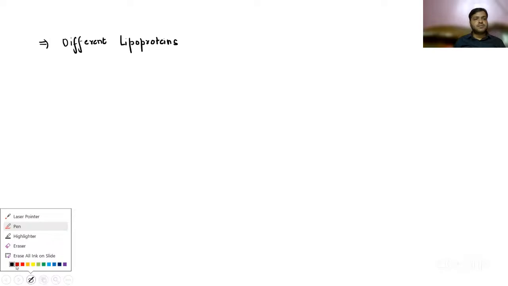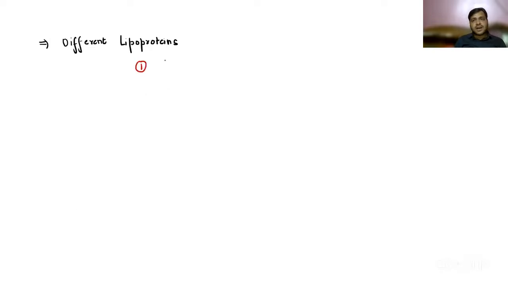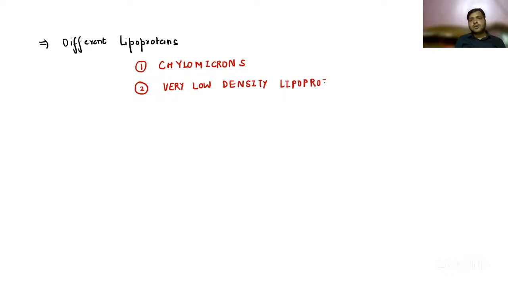The very first one is the chylomicrons. Second, we have very low density lipoproteins, VLDL. I will be discussing all this in detail, but as of now, just try to mention all the names first.